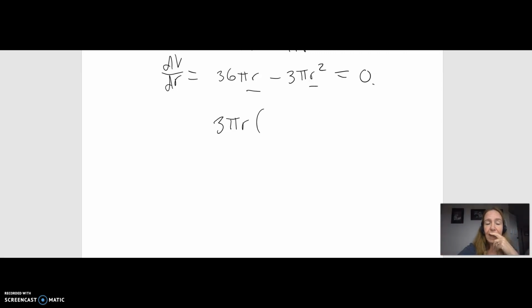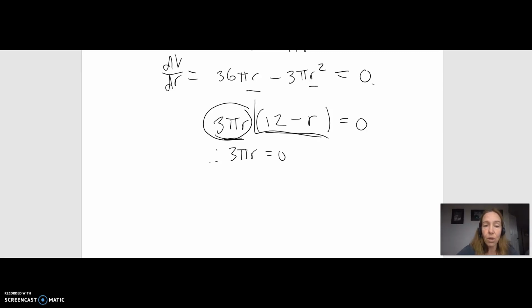That's going to give me 3 times 12 is 36 pi r, and that'll give me that there. That 3's gone, that pi's gone, and one of those r's is gone. So that's looking nice and easy. So therefore, either 3 pi r equals 0, this times this is equal to 0, so either that is 0 or that is 0.